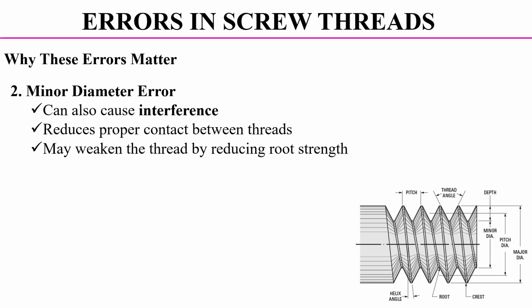Next, the importance of minor diameter error. Minor diameter error causes interference, reduces the proper contact between the threads, and may weaken the thread by reducing root strength.